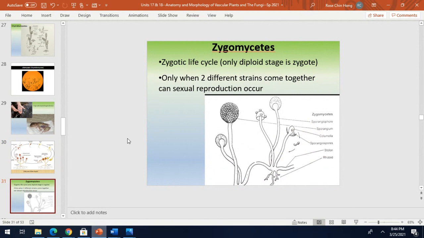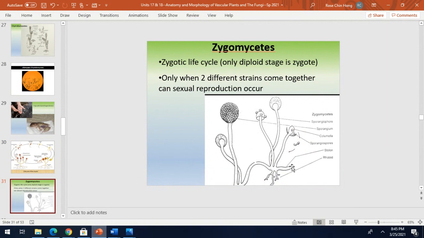The zygomycetes has a zygotic life cycle. The only diploid stage is the zygote. And what happens here is only when two different strains come together can sexual reproduction occur. All right, so you can't have two of the same strain. So here you see zygomycetes, the sporangiophore, this whole structure that supports the sporangium.